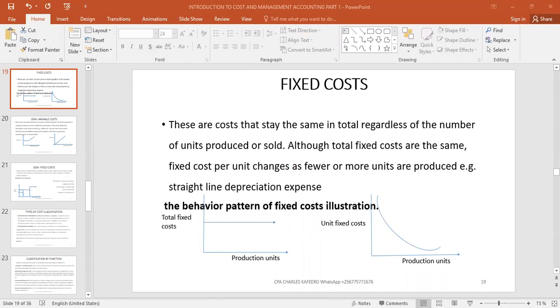There are so many methods we can use to separate those costs. I'll do a video of how to segregate those costs when they have given you a complete cost with a different activity level. So allow me to stop here for today.